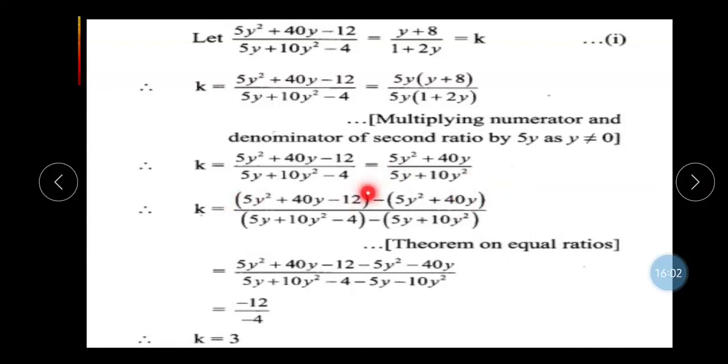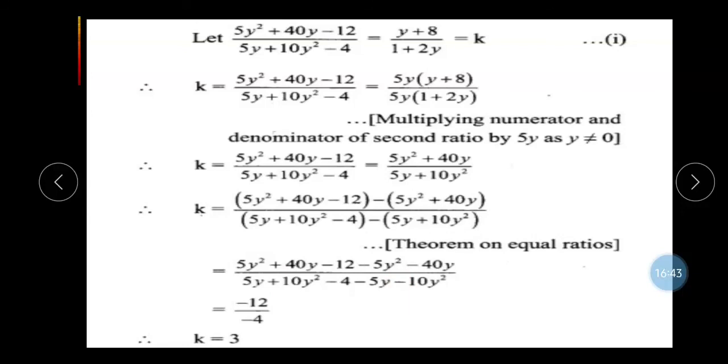There will be no changes in the first part, so we will copy it as it is. 5y square plus 40y minus 12 minus 5y square minus 40y upon 5y plus 10y square minus 4 minus 5y minus 10y square. 5y square and minus 5y square will get cancelled, plus 40y and minus 40y will get cancelled, 5y and minus 5y gets cancelled, plus 10y square and minus 10y square will get cancelled.